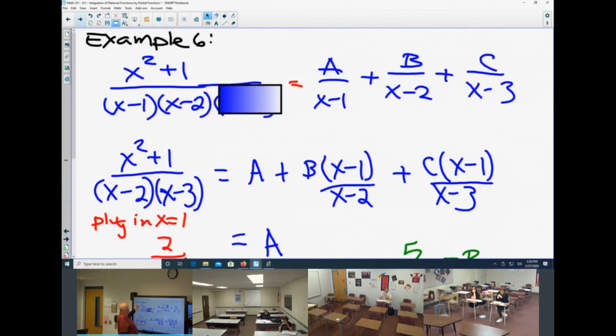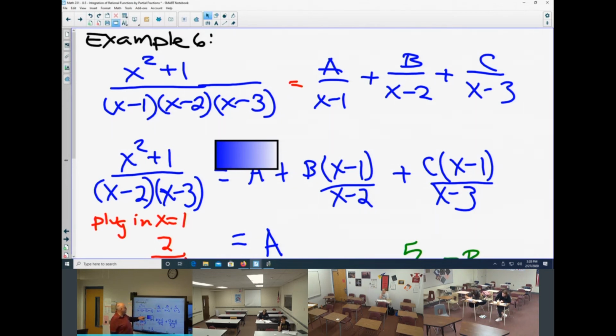Let's say we're trying to find the A, B, and the C. And these are all linear factors. So what you do is you cover up the one factor, say we're trying to find A. So we cover up that factor, and if it's, think of this as x minus r, we plug in the opposite of that number.